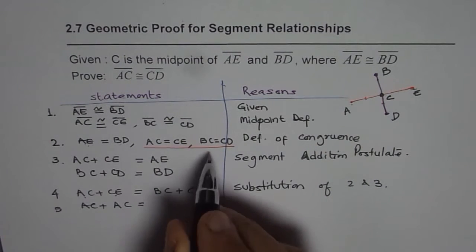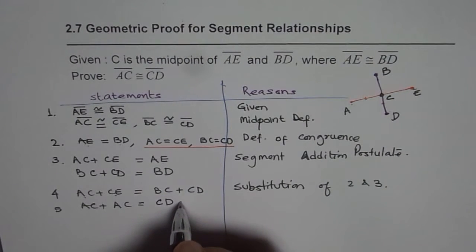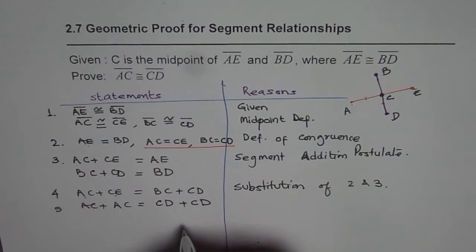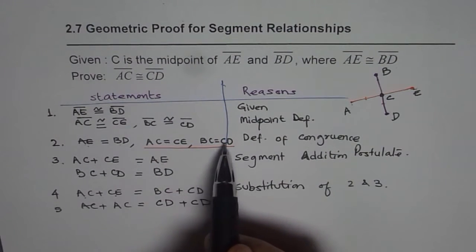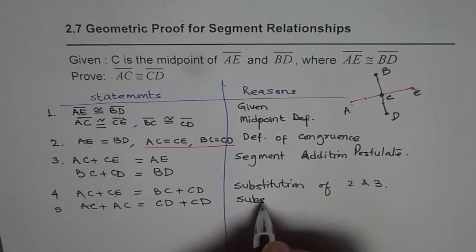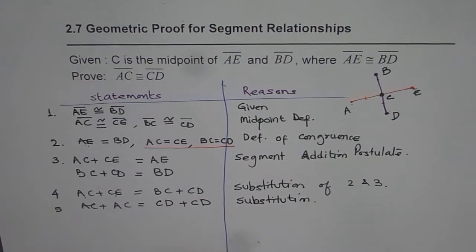Similarly, BC equals CD, so we can write this as CD plus CD, correct? So that is how we can write BC equals CD. We can replace, so that is substitution. So we substituted what was equal, BC was equal to CD here.